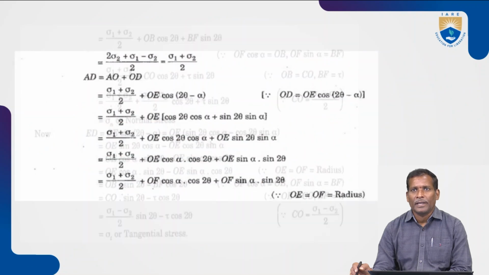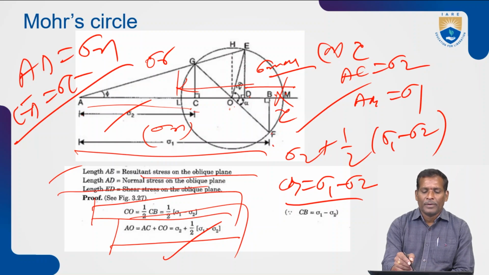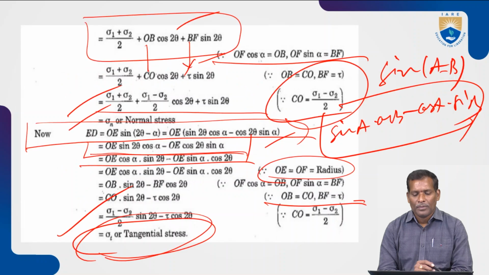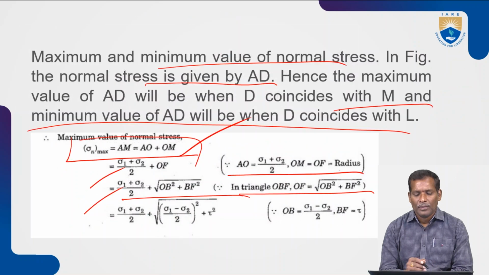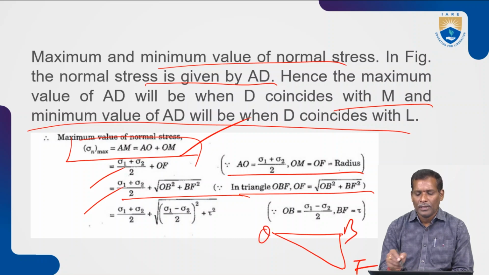See in the diagram, go back to our diagram, triangle OBF. So in this, OF square is equal to OB square plus BF square.